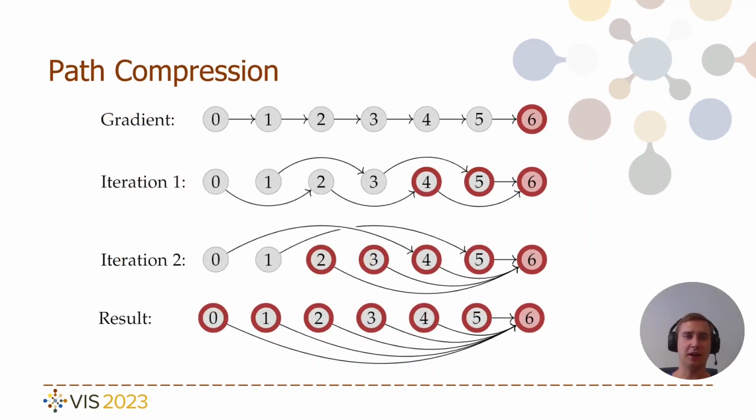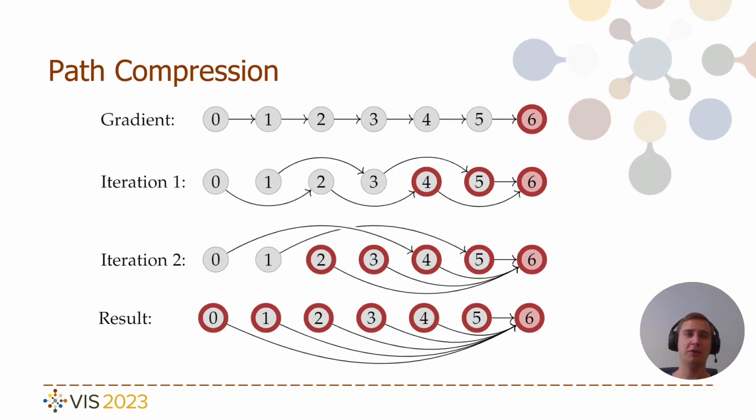To compute the ascending and descending segmentation, the best way to speed up the computation time is path compression. What we have to do is first, for the descending segmentation, compute the gradient. And for the ascending segmentation, we have to compute the inverse gradient. Now we can proceed the same way for both fields.